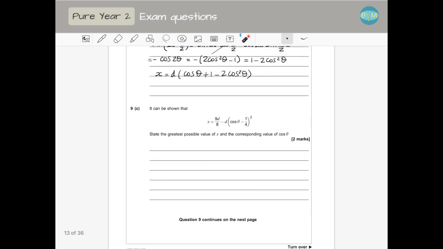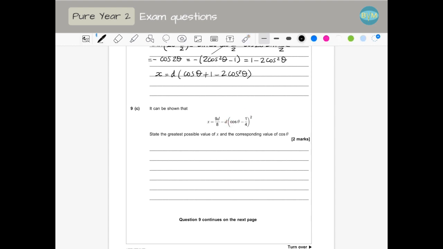They don't ask us how or to prove or anything. State the greatest possible value of x and the corresponding value of cos theta. So this is going to be maximum when this is 0, because this goes square, so the minimum value that it can take is 0, and this whole thing is going to be maximum when I subtract the minimum possible value that I can subtract.